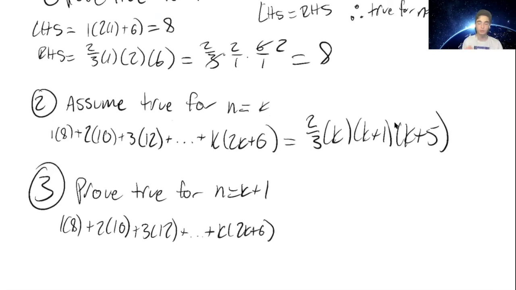Now you're probably thinking to yourself, but you just said plug in all values of k plus 1 where k was. Yes, that's what we're doing. But remember, in this sequential order, we're going up until k, as we just did in step 2, but now we want to go one value further to k plus 1, right? We're trying to find k. That was the point of step number 2. Now we're going to k plus 1. So go one more digit higher, and we have k plus 1, and then 2k plus 7.